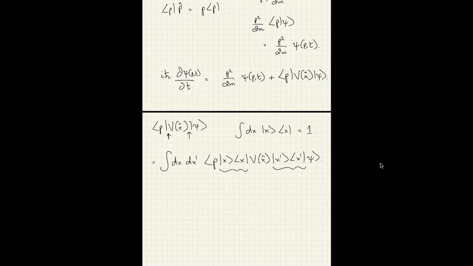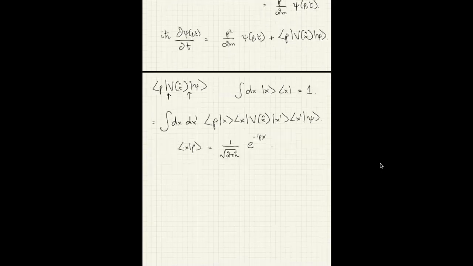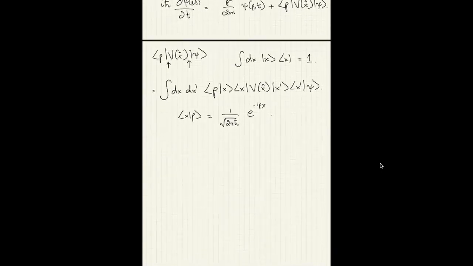All right. But I already know that <x|p> is the wave function, 1 over square root of 2 pi h bar, e to the i p x over h bar. So this is the eigenfunction of the momentum operator. If you are unsure of this, go back and check the notes from that particular lecture.